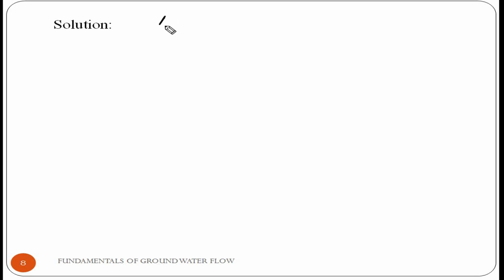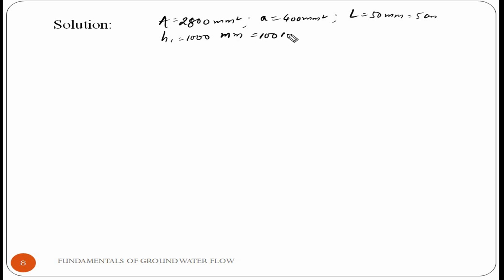So here A is given as 280 mm square, A is equal to 400 mm square, and L is equal to 50 mm or 5 centimeter, and H1 is equal to 1000 mm or 100 centimeter, and H2 is equal to 200 mm, which is also equal to 20 centimeter.